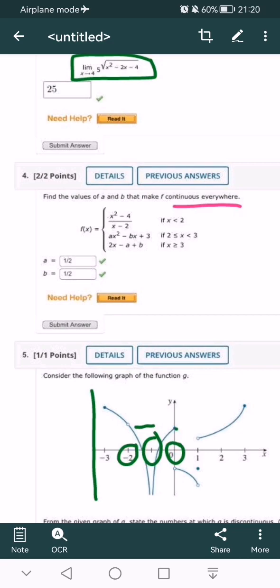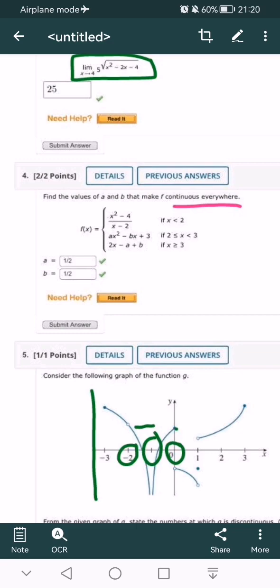What is meant by x less than 2? It means 1.9999, which is less than 2, or 1.98888, still less than 2.